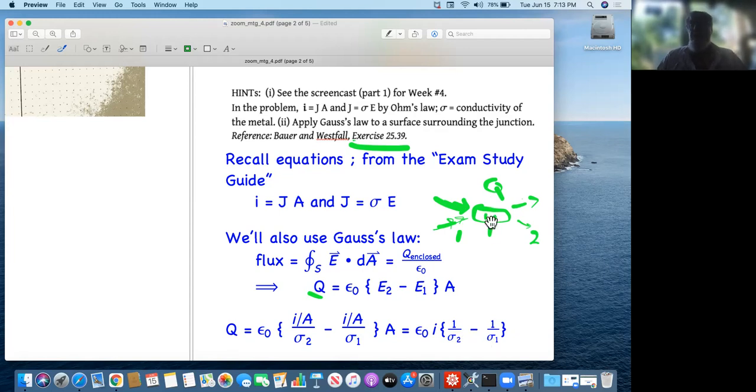If there were no junction here, then sigma 1 and sigma 2 would be equal, and then there would be no charge accumulated at the junction. But if sigma 2 is larger than sigma 1, then there'll be a negative charge accumulated at the junction.